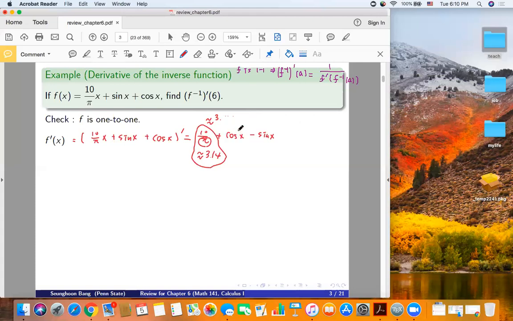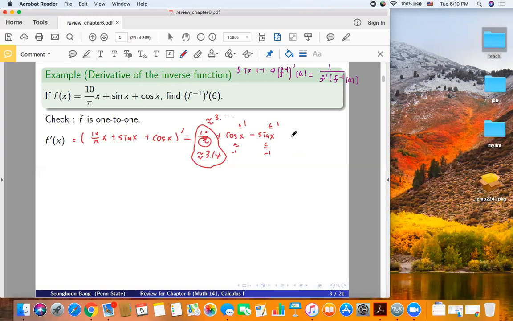What's the maximum value of cosine? The maximum value of cosine is 1. The maximum value of the sine function is 1. What's the minimum value? The minimum value is minus 1. So what does it mean? You just add 10 over pi to minus 1 and minus 1, the smallest number. 3 minus 1 is positive 1.